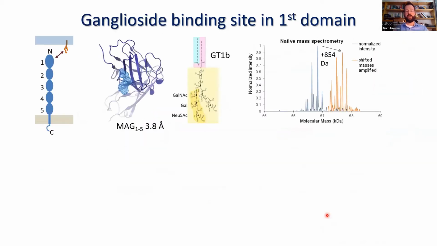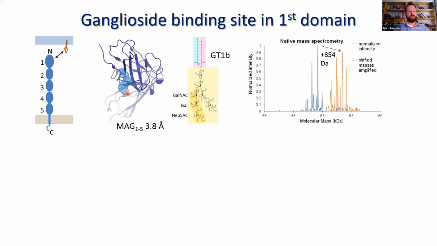So how does MAG interact with its ligand, the ganglioside on the axonal surface? We get a snippet of information from looking at the density in our crystal structure, because we have a bit of density which is not represented by the MAG molecule. And this density is near to where others had predicted the ligand binding site to be, in the first domain of MAG.